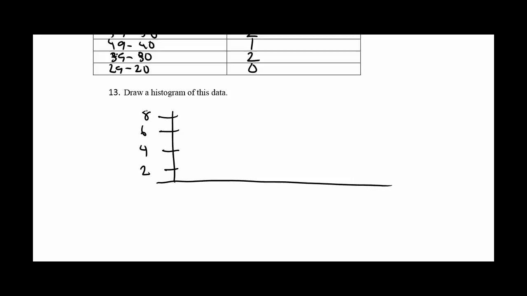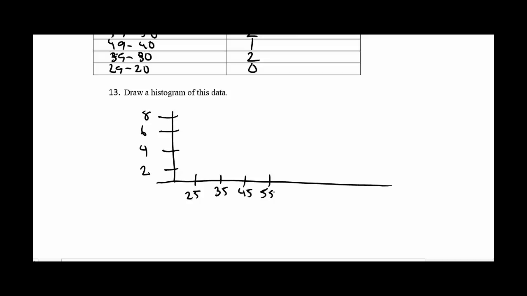Because I went from 20 up to 29 and 30 up to 39, when I label my bins, I want to make sure that the bottom of the rectangle and the top of the rectangle are surrounding a common number. And the easiest way to do that is just pick 5. So if I put 25 to be the center of 20 to 29, and then 35, and then 45.